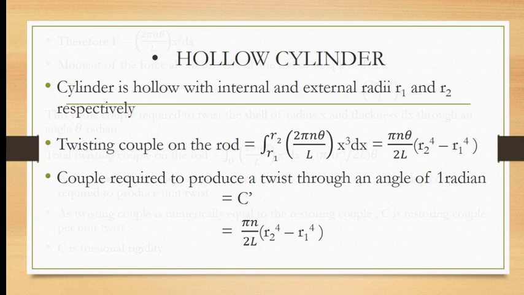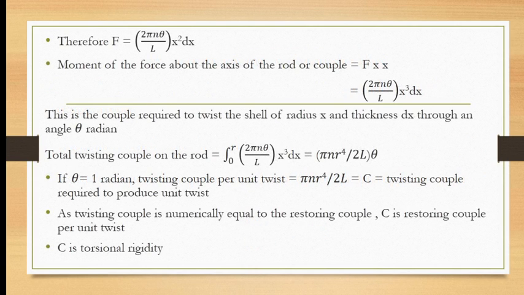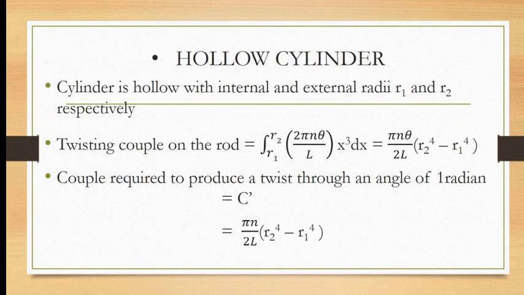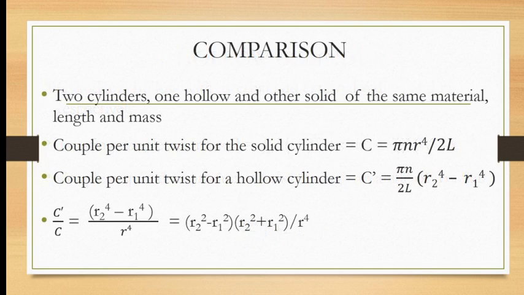So in the last slide we had got an expression for C, that it is pi n r raised to 4 by 12 in the case of a solid cylinder, and here we got it as C dash, that is pi n by 12 into R2 raised to 4 minus R1 raised to 4. Now we can compare both cases, the solid cylinder as well as the hollow cylinder.